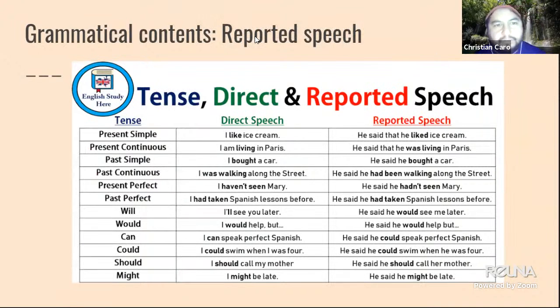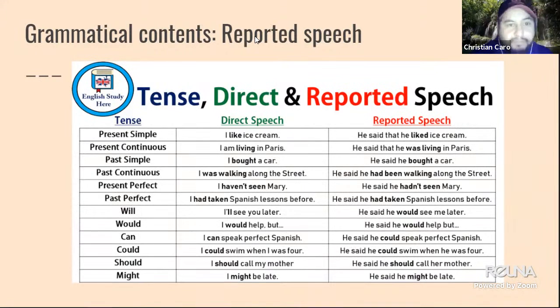So you know that in English we got direct speech and report speech. They're pretty much different categories within the linguistic categories or speech acts and everything. So hay categorías: passive voice, active voice, direct speech, report speech, and all that sort of stuff.